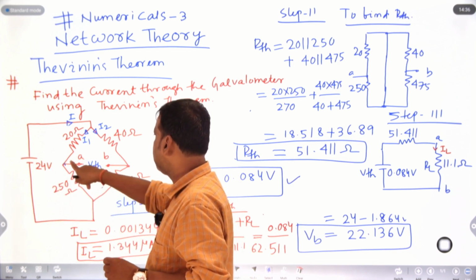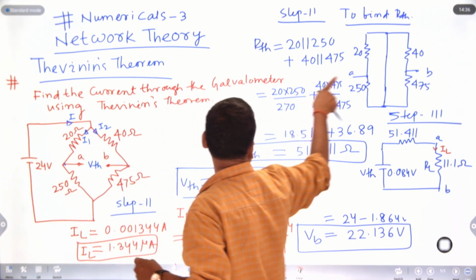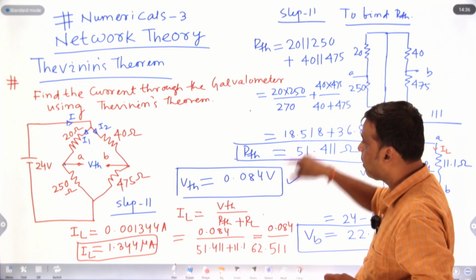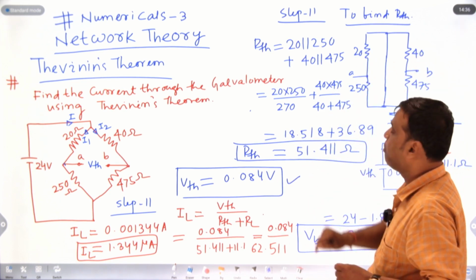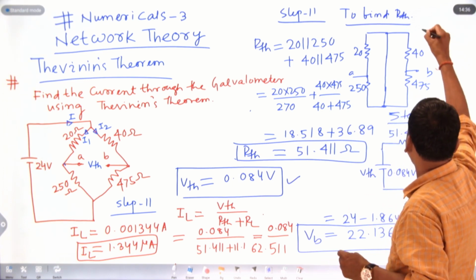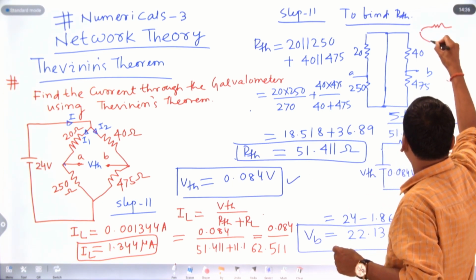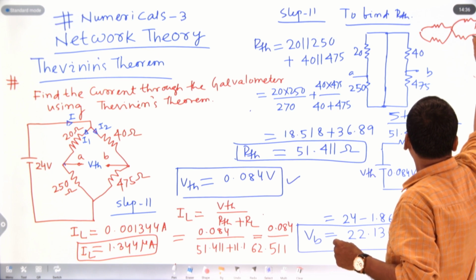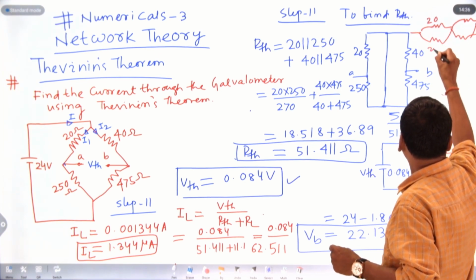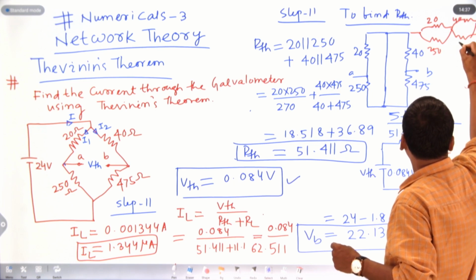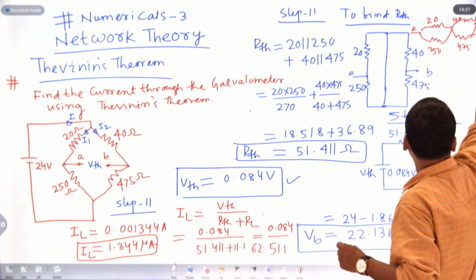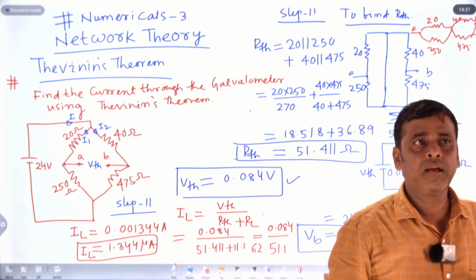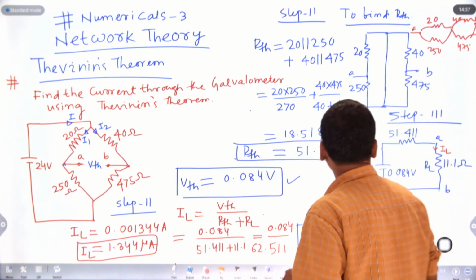Then 20 is parallel with 250, and 40 is parallel with 475, between A and B. If two resistances are parallel, the equivalent resistance is the product divided by the sum.